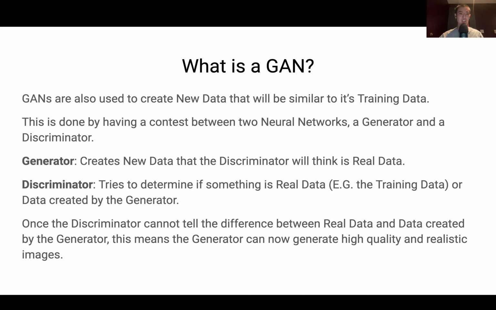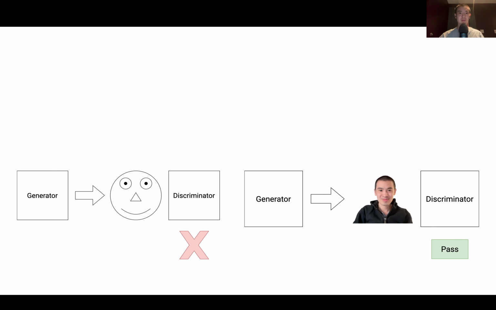Once the discriminator cannot tell the difference between real data and data created by the generator, this means the generator can now generate high quality and realistic images as we just saw.